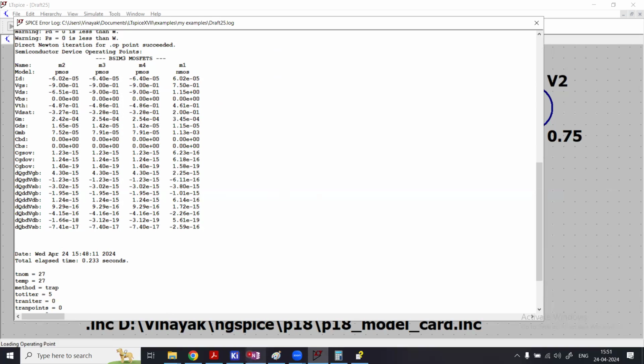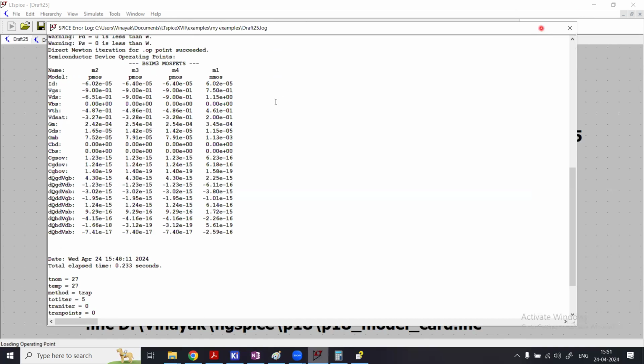Is that what we used? Let me check here. Yeah, 0.75 volt we have used here, that's correct. And then VDS is 1.15. VBS, body voltage with respect to source, threshold is 460 millivolt.